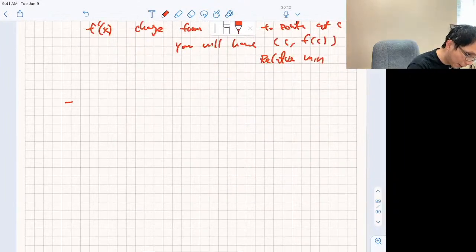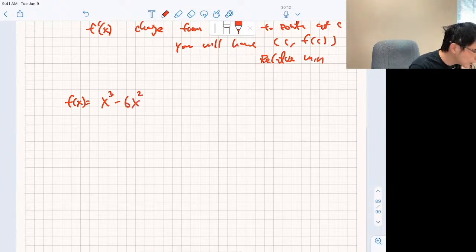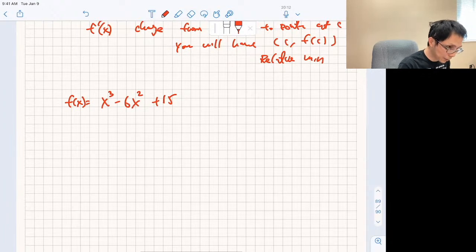So let's just say f of x is equal to x cubed minus 6x squared plus 15. I don't know if this one's a good one. Hopefully, let's pray. Pray this is a good one.